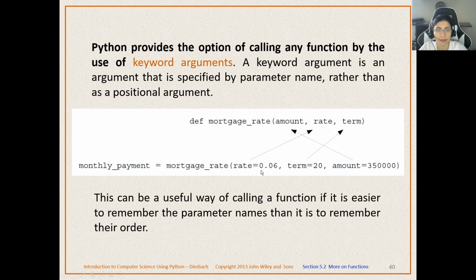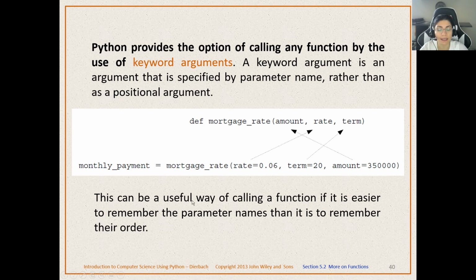All right, so you say, for instance, rate is 0.06, term is 20, amount is $350,000. And then, since you're using keyword arguments, the values are going to be assigned to those parameters based on the keyword that you're using, based on their name rather than their position.